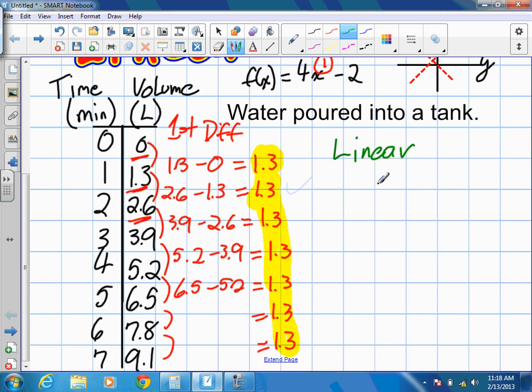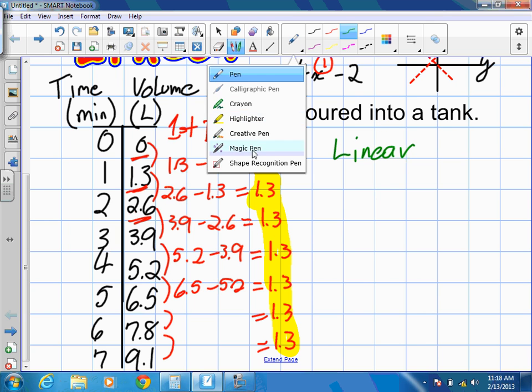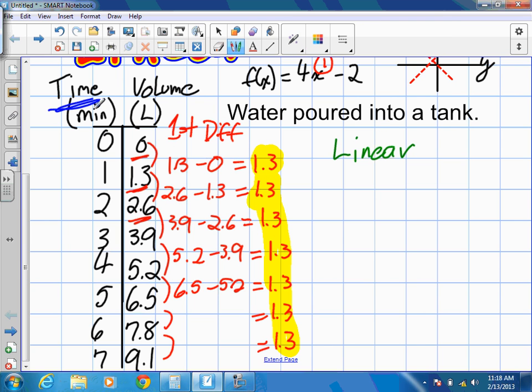Now, I also want to talk about domain and range quickly. They've given us time. Now, we know that they didn't at 0 pour nothing, and then all of a sudden at 1 minute pour 1.3 in and stop. We know that this is a continuous process. So when we're talking about graphing something, time will always be our independent variable.